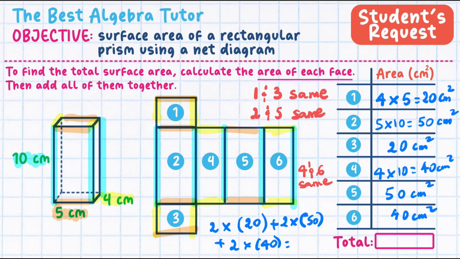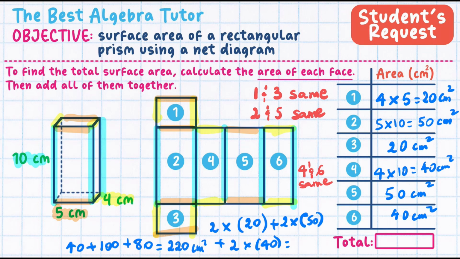Okay, so 2 times 20 is 40, plus 2 times 50 is 100, plus 2 times 40 is 80. So my total becomes 40 plus 80 is 120. 120 plus 100 is 220 centimeters squared. So if you add up everything, it should also give you 220 centimeters squared.